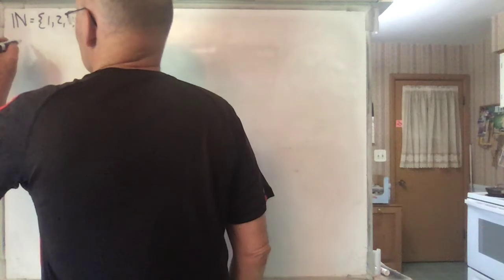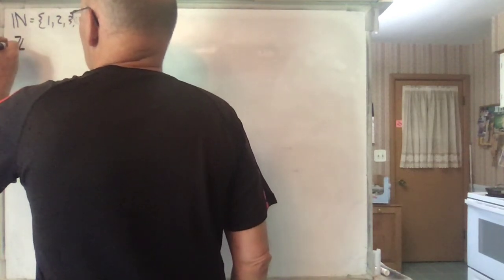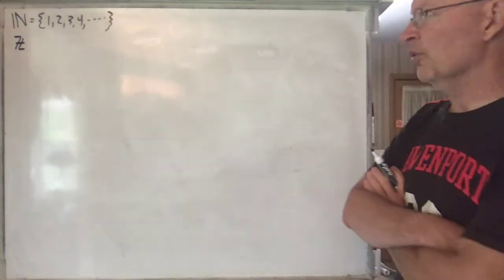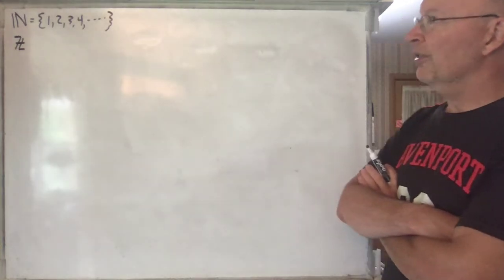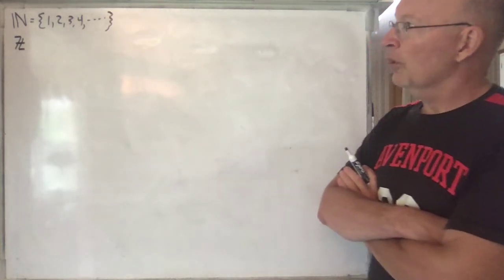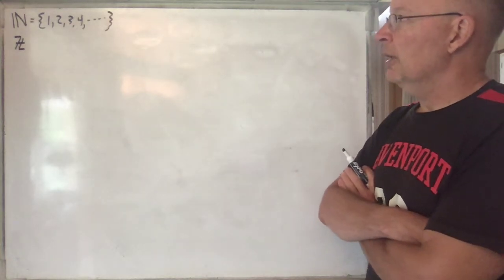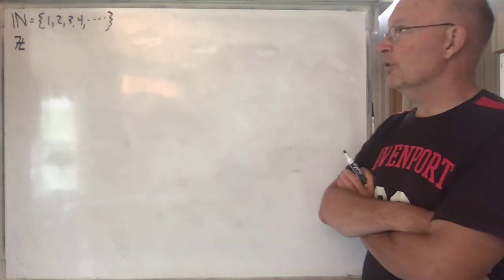Then, as soon as you start getting involved in societies and so on, you start getting into negative numbers. Why would you have negative numbers? Suppose a cow is worth four goats, and so you give your neighbor a cow, but he only has 3 goats to give you in return.